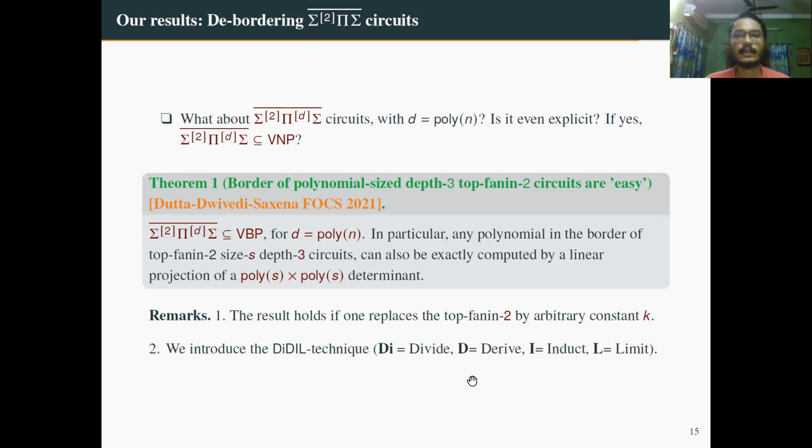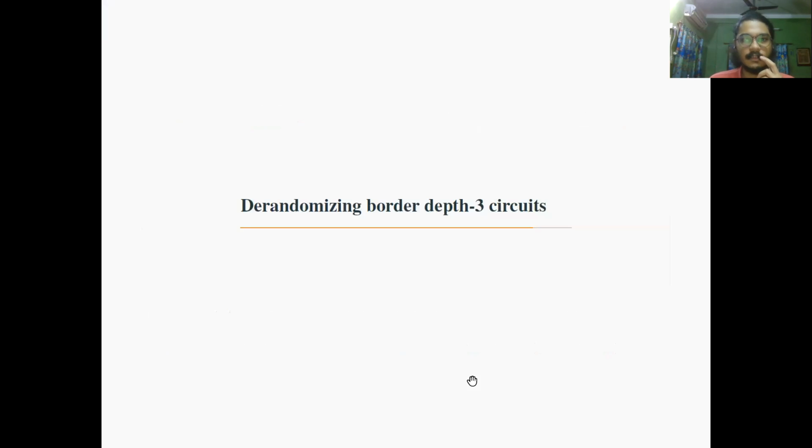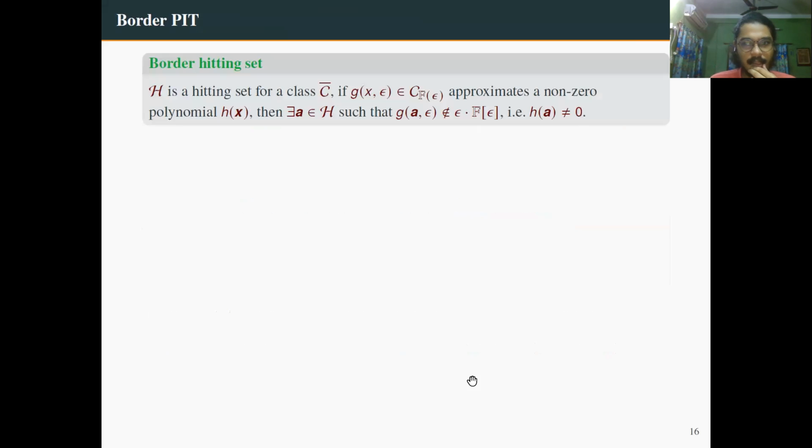Okay, so once you have deborderized, now let's go back and get into some de-randomization results. The question is, can I do efficient PIT? Now, by efficient PIT, we mean that if G is an approximate polynomial, and H is the limit, we want to find an a such that the limit polynomial H is non-zero at this point a.